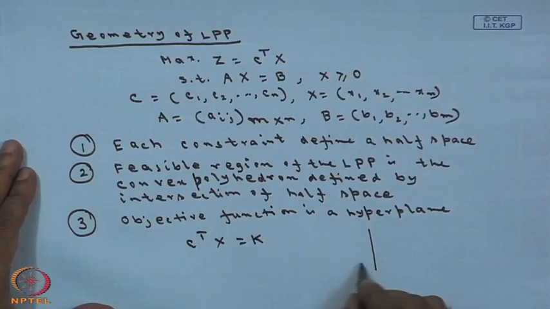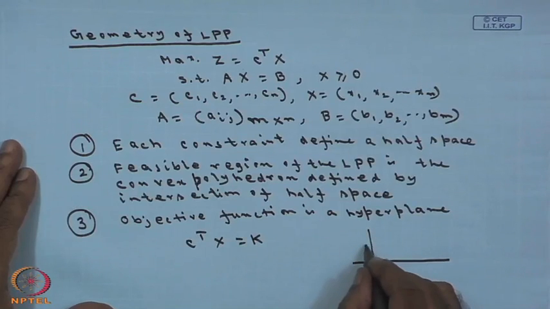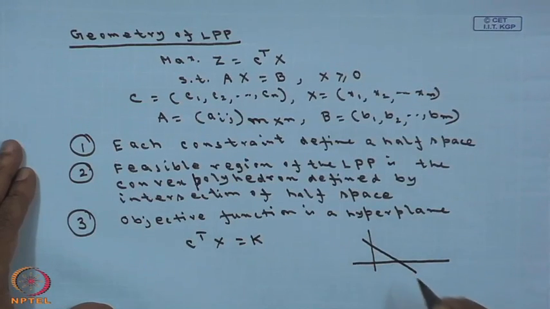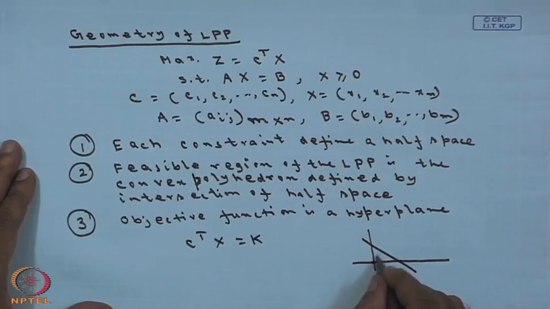So, in other words, say this is the hyperplane C transpose x equals k for a particular value of k. What is k? K is the distance of the hyperplane from the origin. Why is the distance required? Whenever we try to find the graphical solution, that will be clear to us.